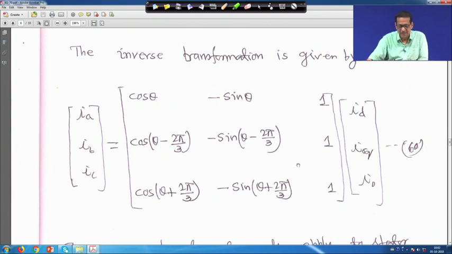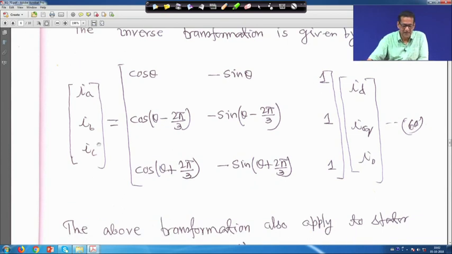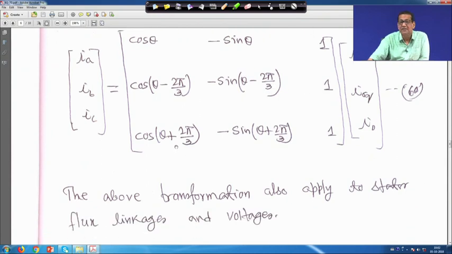That means IA is equal to ID cos theta minus IQ sin theta plus I0. Similarly, IB is ID cos theta minus 2 pi by 3 minus IQ sin theta minus 2 pi by 3 plus I0. Similarly, IC follows.